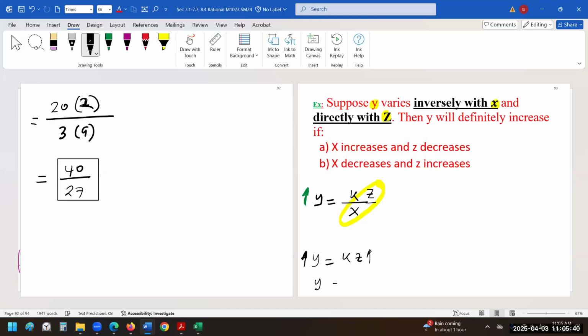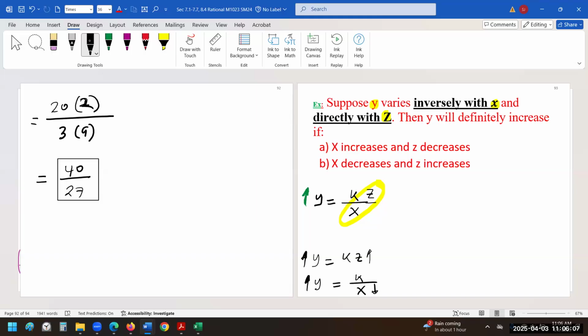And then we have the second scenario here, y equals k over x. Now, if you want y to increase, what do you have to do with the x? Do you want to increase the x or decrease the x? We want to decrease the x. Why? Because the smaller the denominator is, the bigger the number is.